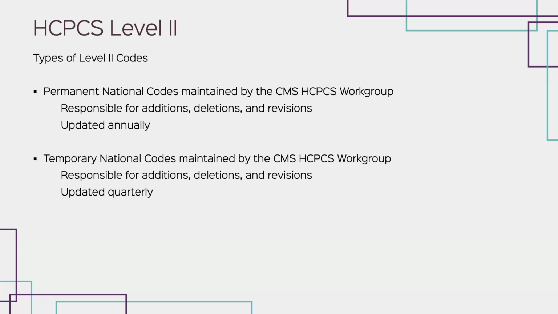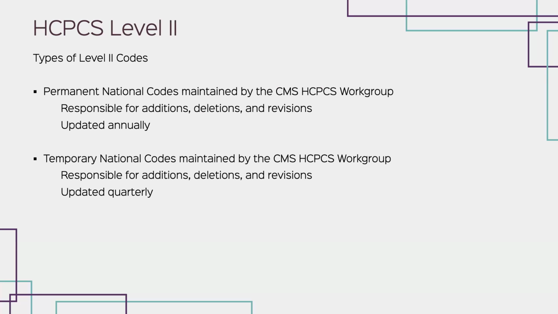They're going to be maintained by CMS, and they will contain both permanent and temporary codes. Your permanent codes are updated on an annual basis, and again, they will go into effect on January 1st. Your temporary codes are going to be updated quarterly. HCPCS codes are going to be 5-character alphanumeric codes, and they will always begin with a letter.